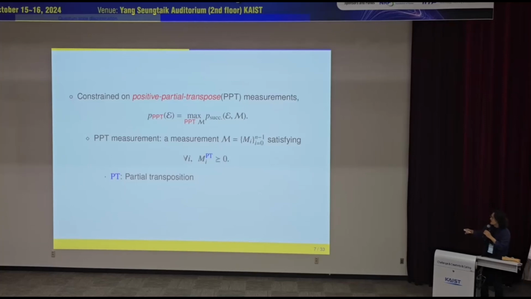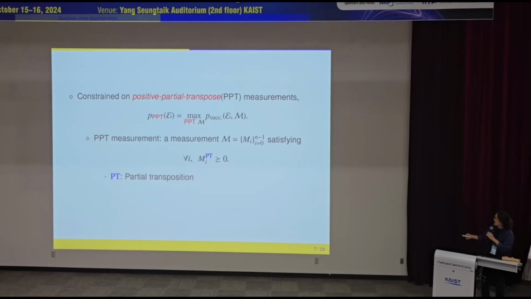So now let's think about some possible constraints on the set of measurements. An operator is said to have positive partial transposition if it's still positive after partial transposition. Because it's a bipartite operator, we can take the transpose partially on either of the subsystems.